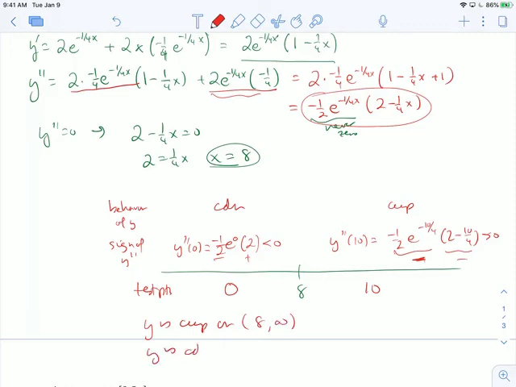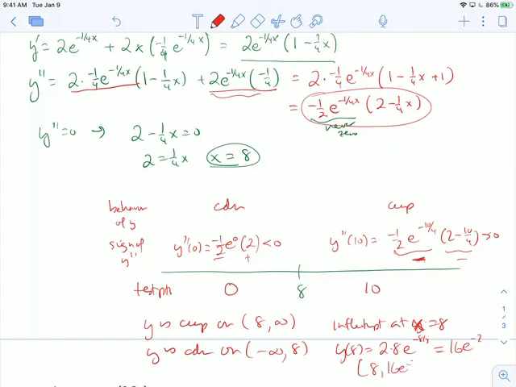It's concave down for numbers less than 8. And I have an inflection point at x equals 8. And so y of 8 is going to be 2 times 8 times e to the negative 8 over 4. That's 16e to the negative 2. So my inflection point is 8, 16e to the negative 2.